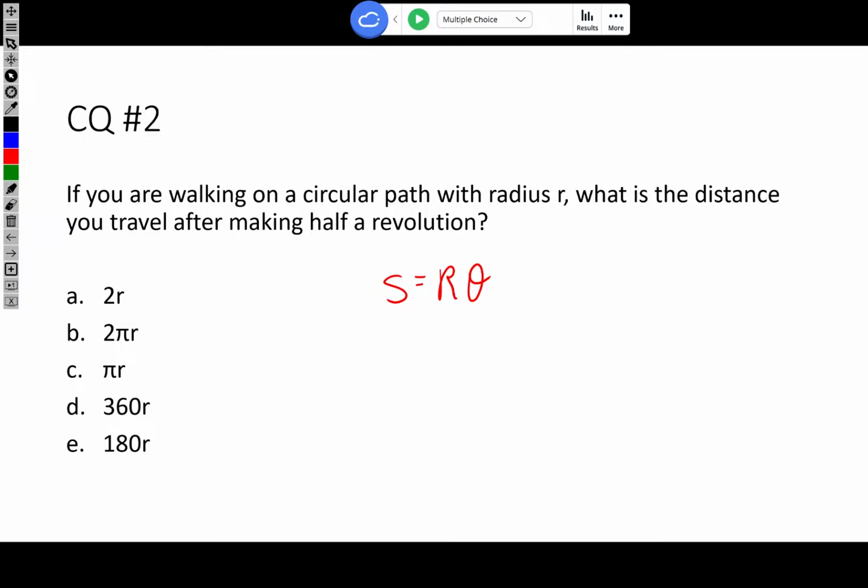Some variables are nice. R for radius, V for velocity, F for force, and then there's other weird ones like capital T for period. Oh, yeah, that one I can justify. Q for charge. I for current.